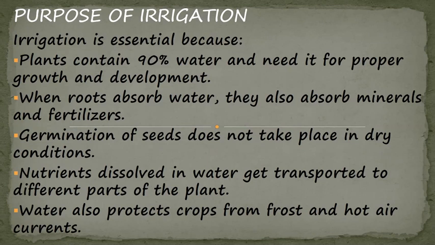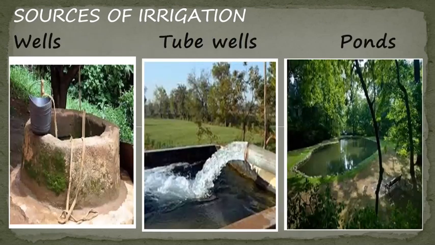Germination of seeds does not take place in dry conditions. Nutrients dissolved in water get transported to different parts of the plant. And water also protects crops from adverse conditions like frost and hot air currents.